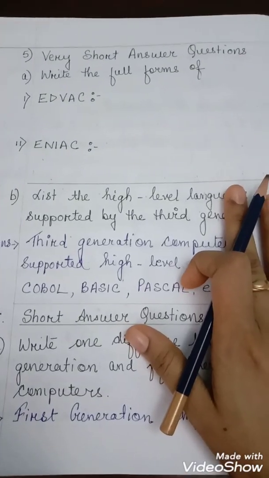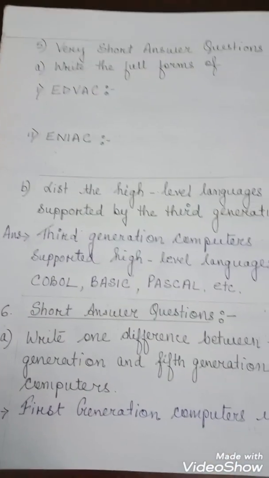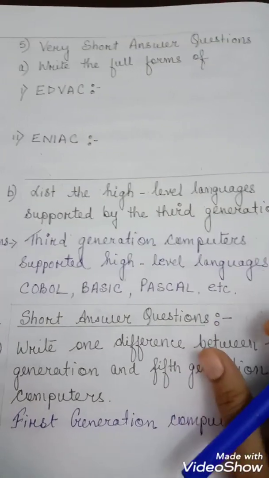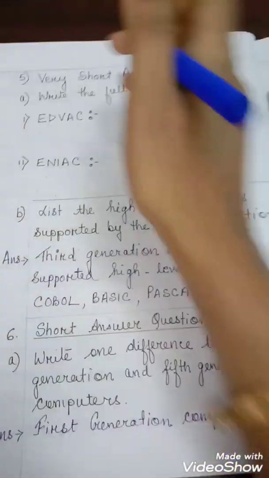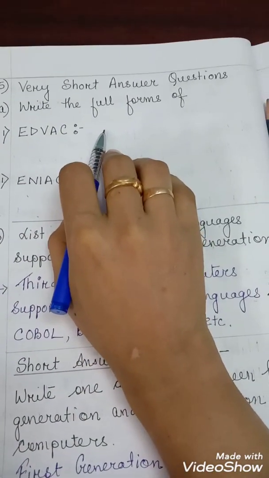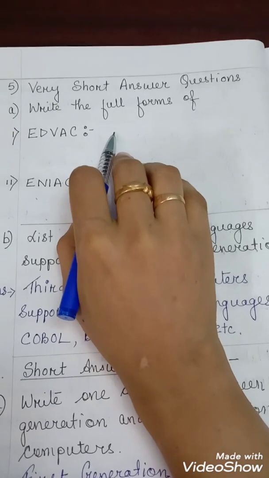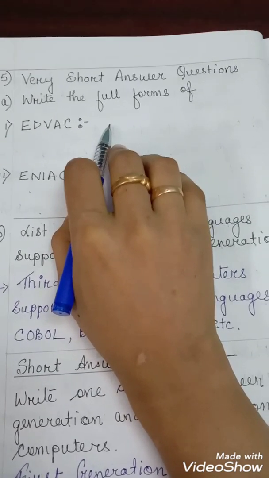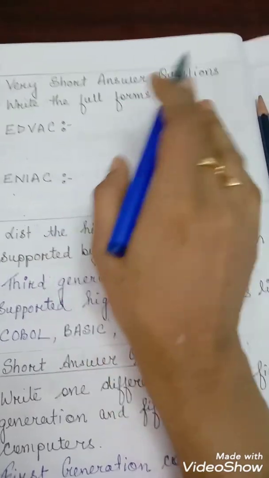Now, very short answer questions. Now here, what is the question? Write the full forms. So, what is the full form of EDVAC? Okay. Tell me, children. Yes. Full form is Electronic Discrete Variable Automatic Computer.